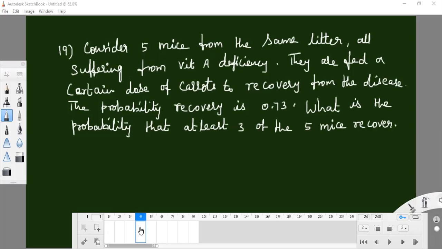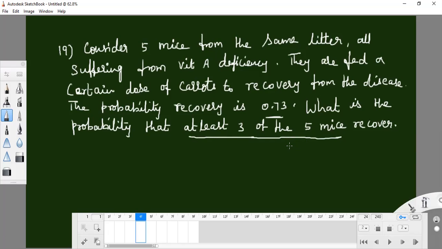Consider 5 mice from the same litter, all suffering from vitamin A deficiency. They are fed a certain dose of carrot to recover from the disease, and the probability of recovery is 0.73. What is the probability that at least three of the five mice recover?